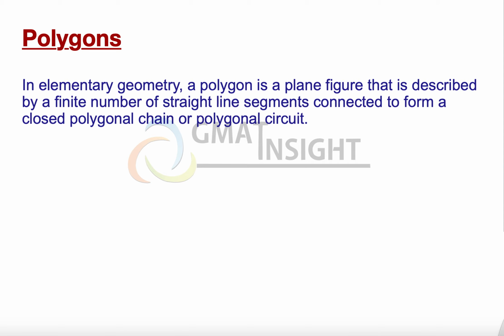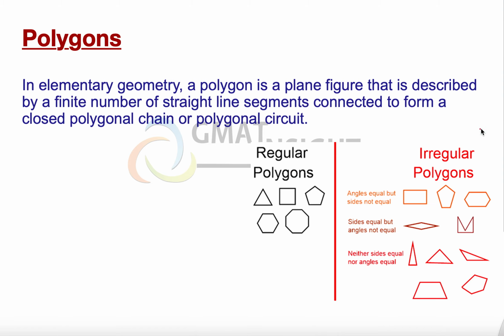Now we have to understand what are the basic varieties of polygons that we come across. We have categorized the polygons into two broader categories. The first is called the regular polygon and the second is called the irregular polygon. Now the way to define the regular polygon is quite simple.